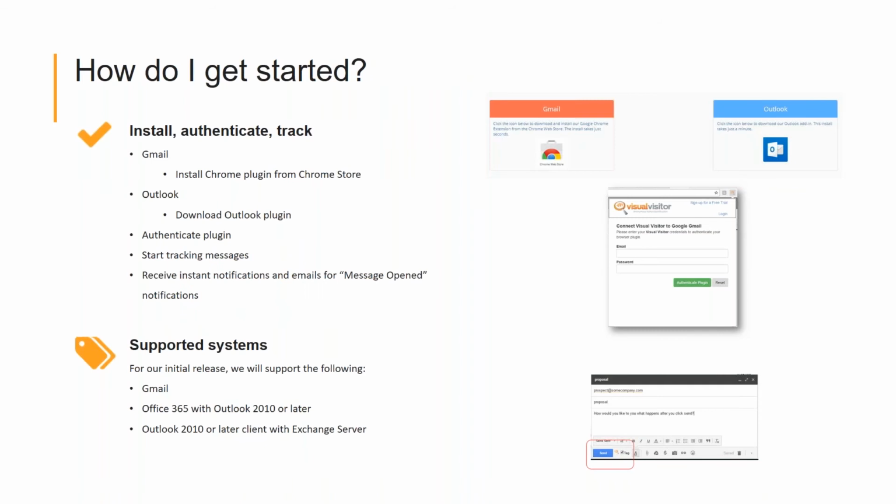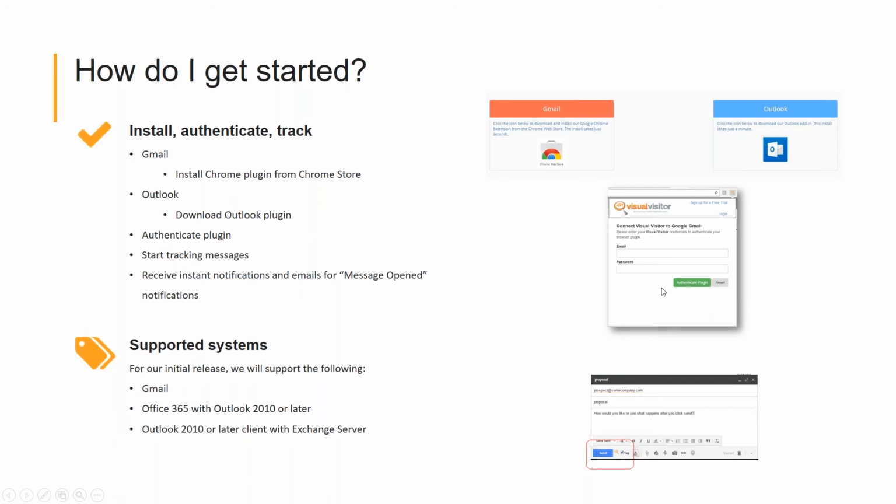So how do we get started? So after you sign up for a Visual Visitor account, there's a Getting Started section. And it's really just as simple as a 30-second install. You authenticate, and then you start tracking messages. So if you're using Gmail, you click on the Gmail link and it takes you to the Chrome store for a Chrome plugin. If you're using Outlook, you click on the Outlook link and it downloads a small executable to install a plugin to your Outlook.